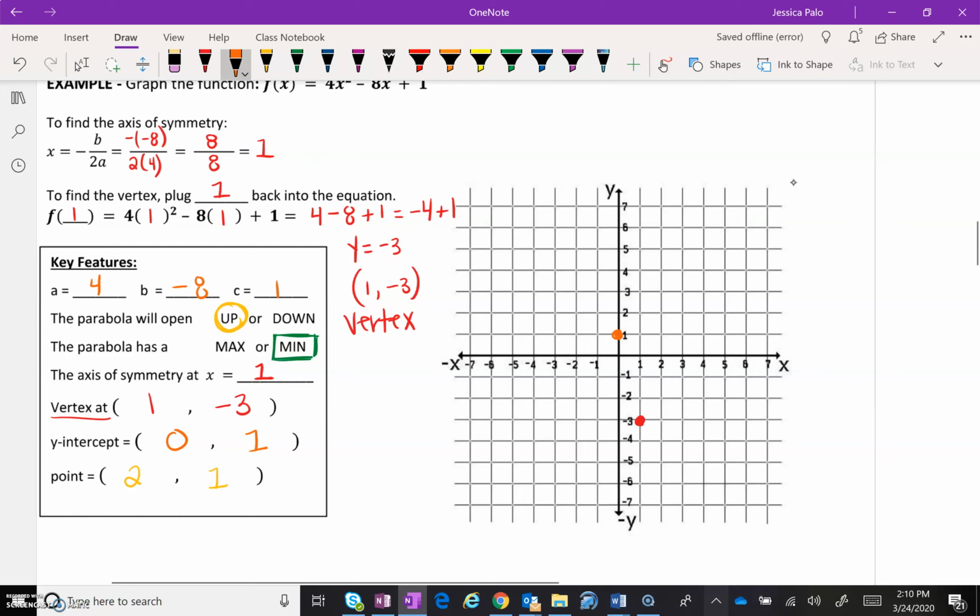Since our axis of symmetry is right here, through the vertex, on the x value of the vertex, we know that our next point is going to be symmetrical. So our next point is going to be right here, (2, 1). And now we can graph this parabola.